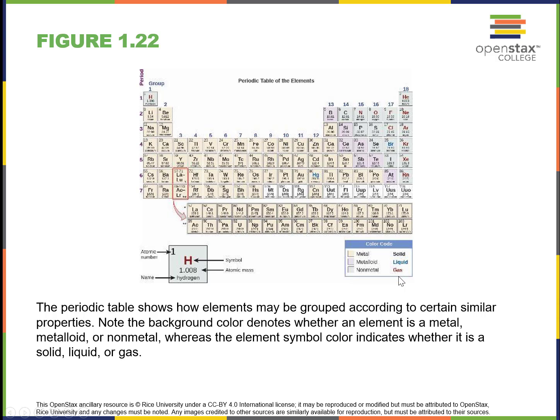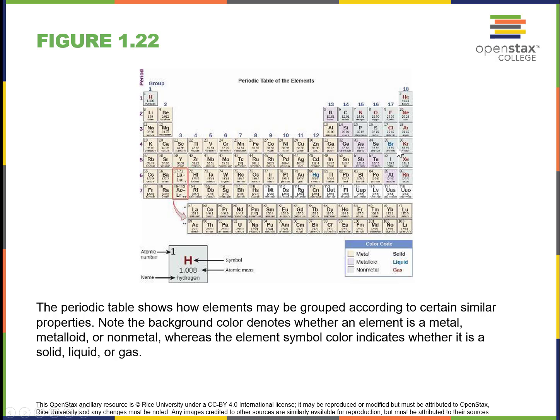So the physical state of that substance at a given temperature, so this is probably at room temperature, is listed here. So you'll see most of them have used black letters, and those are the solids. And then we have a few that have the blue letters. So Br and Hg use the blue lettering.